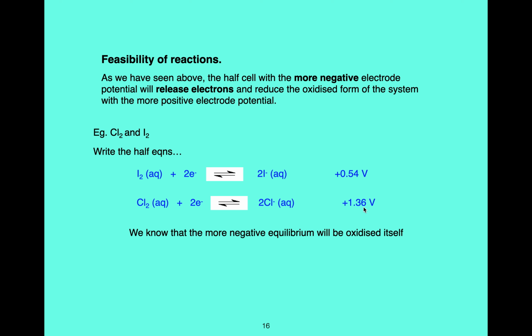So the E cell here would be, quickly doing the maths, 0.82 volts, which is relatively large. So we would expect this reaction to be feasible. We'd expect it to happen spontaneously.